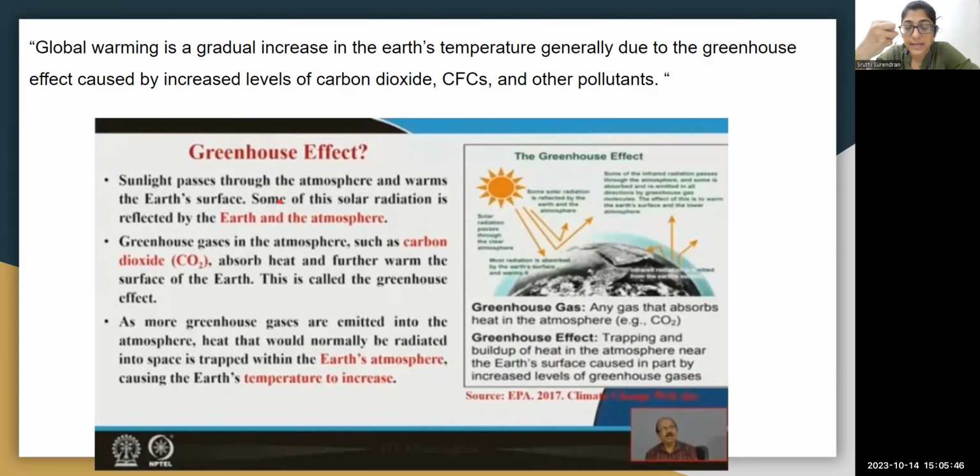Basically, the sun's light that passes through the Earth's atmosphere and falls on the Earth's surface is reflected back. This reflected light is captured by the greenhouse gases, and when the amount of greenhouse gases increases, the amount of heat energy will also increase.